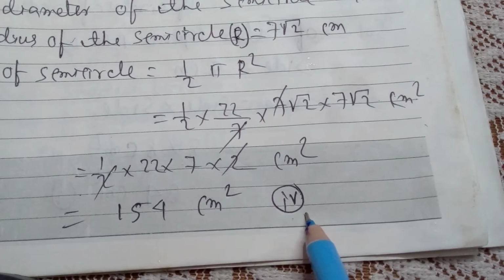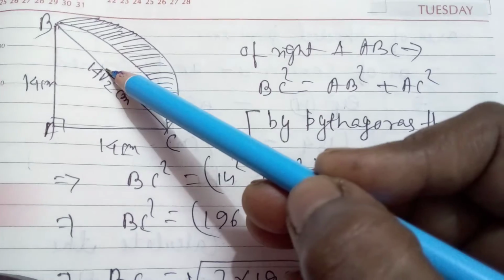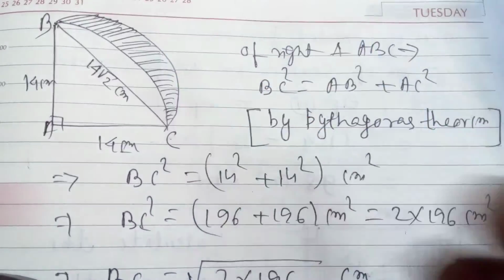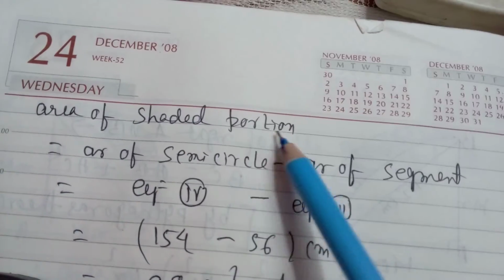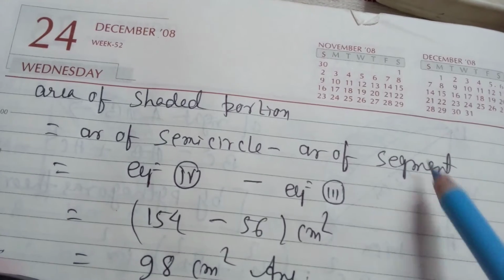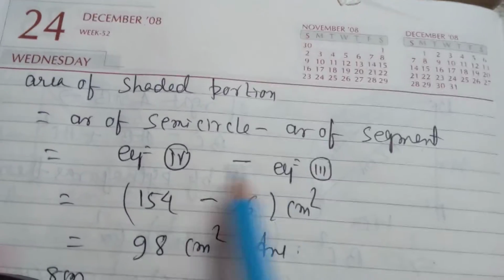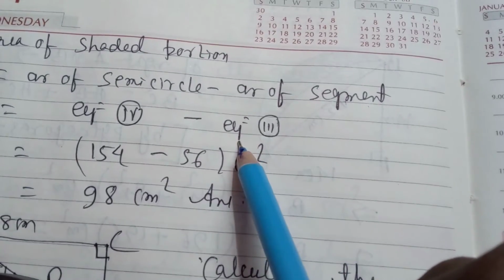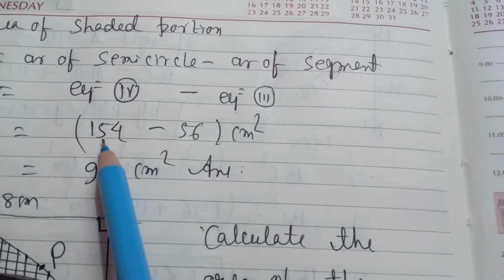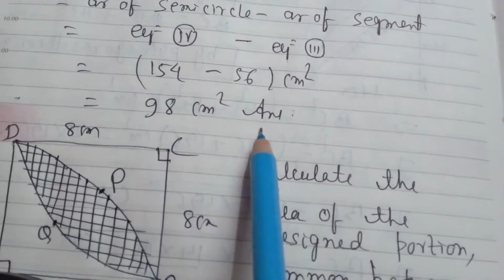This is equation 4, because you have to take out this area, which is area of the semicircle minus area of the segment. Now area of the shaded portion is area of the semicircle minus area of the segment. Area of the semicircle we have got in equation 4 and area of the segment we have got in equation 3. So it is 154 minus 56, that is 98 centimeter square.